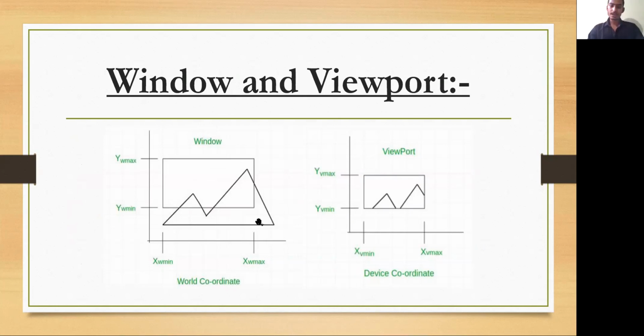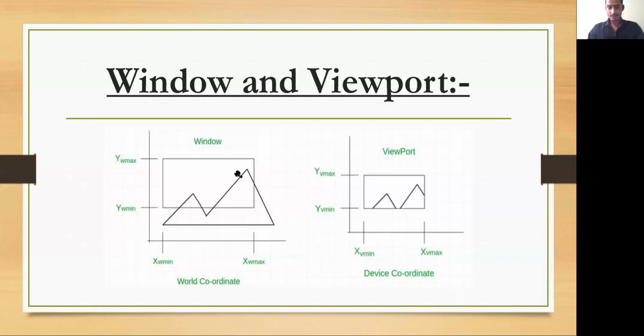But in the viewport we have only the things that remain after clipping, which we will learn later. Clipping basically means to clip out the things. So in the viewport we have only the remaining portion of the figure.